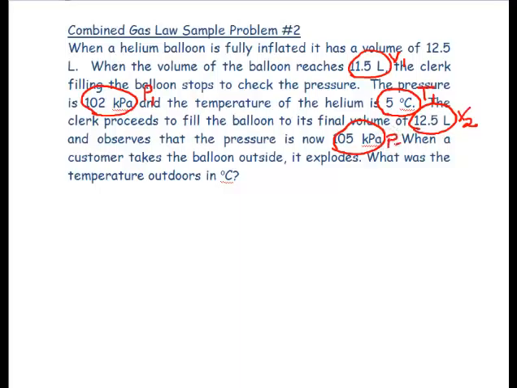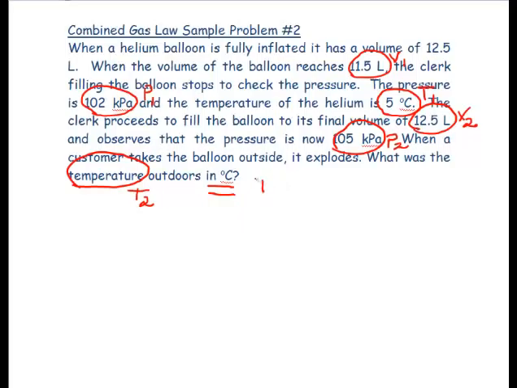We're being asked here, what's the temperature when this balloon is taken outdoors and explodes? So we're looking for T2. And furthermore, notice ultimately we want it in degrees Celsius. Before I bother to substitute anything into an equation, let's go ahead and make our temperature change.